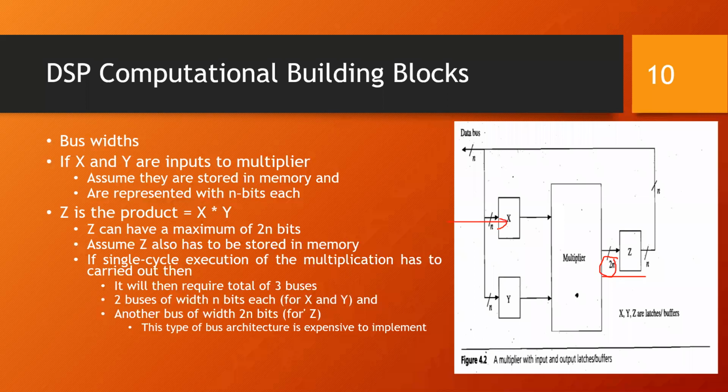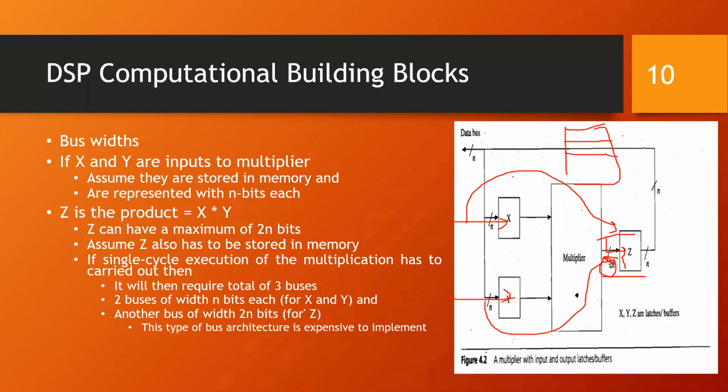So I fetch n bits, then I fetch the other operand, and this bus becomes idle. So I take the n bits which have been generated and store them in the memory. Then the next n bits, I store in the next location. So you are storing Z in two locations.